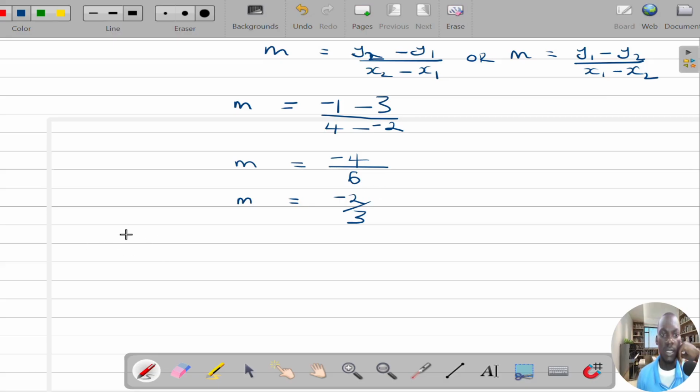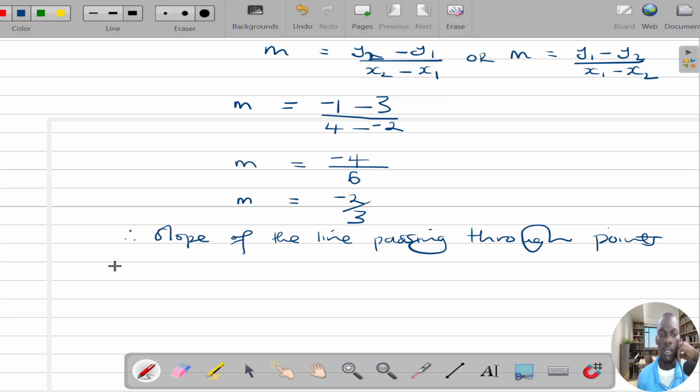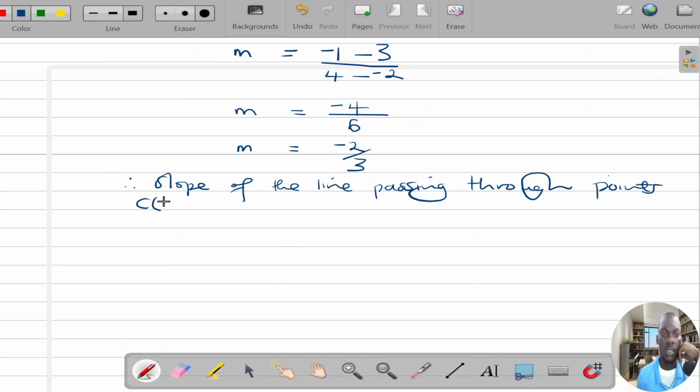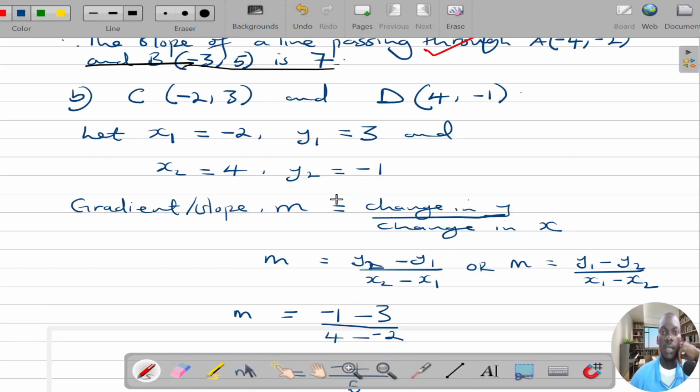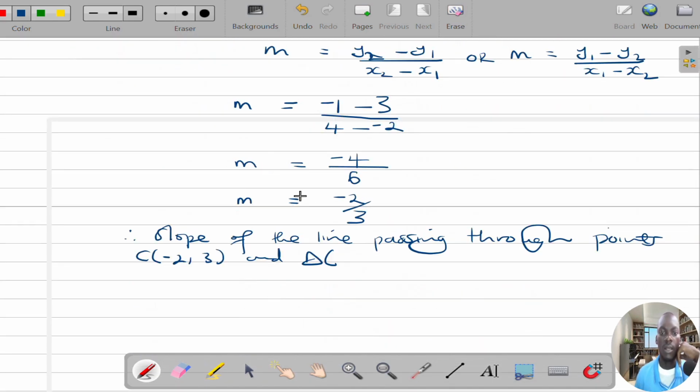Therefore, for this case, the slope of the line passing through points C, which is -2, 3, and D, which is 4, -1, is -2 out of 3.